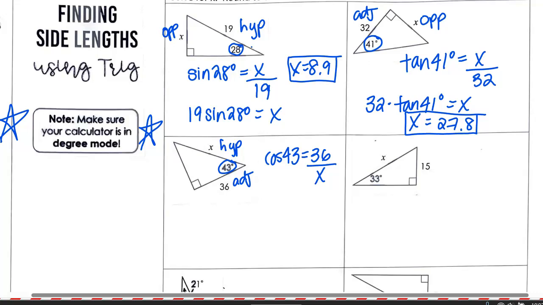We got to get the x out of the denominator. And so when it's like this, all we have to do is swap these two. I can show you the algebra if you'd like, but in the end, that's what's going to happen. So it's just going to be x equals 36 divided by cosine of 43 degrees. Into your calculator, you're going to enter that, and you're going to get x equals 49.2.